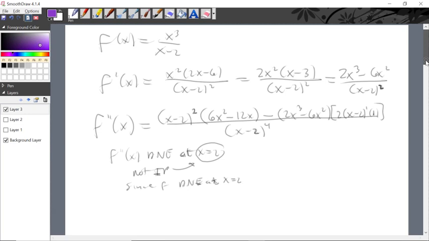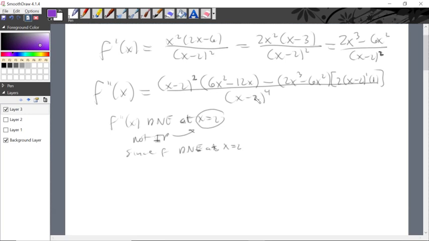Alright. So I'm going to clean this derivative up here so we can set it equal to 0. So we have 0 is equal to, let's see what we got. I could factor out a 6x from here. So take out 6x. We have x minus 2 squared, but then this leaves behind x minus 2, another x minus 2. So this is 6x times x minus 2 cubed. All right, because 6x times x minus 2 is 6x squared minus 12x. Okay, minus. We can factor out from these two terms a 2x squared, and I can take out a 2 from here.